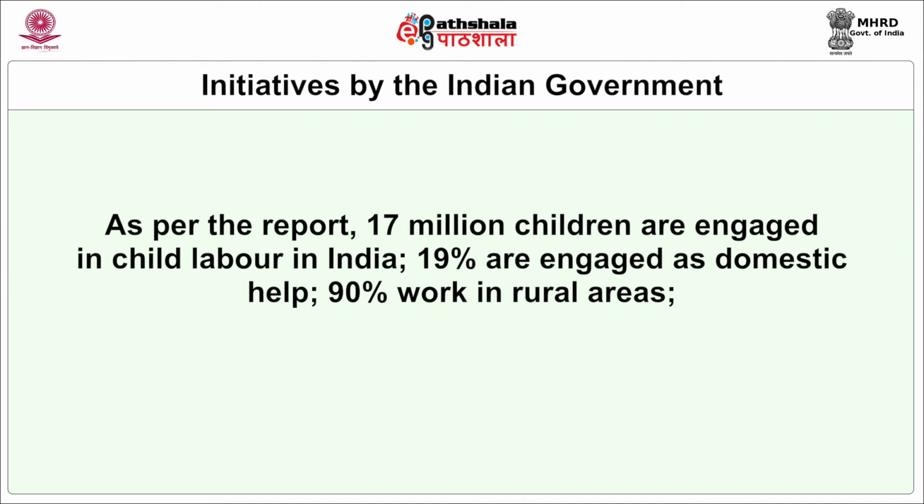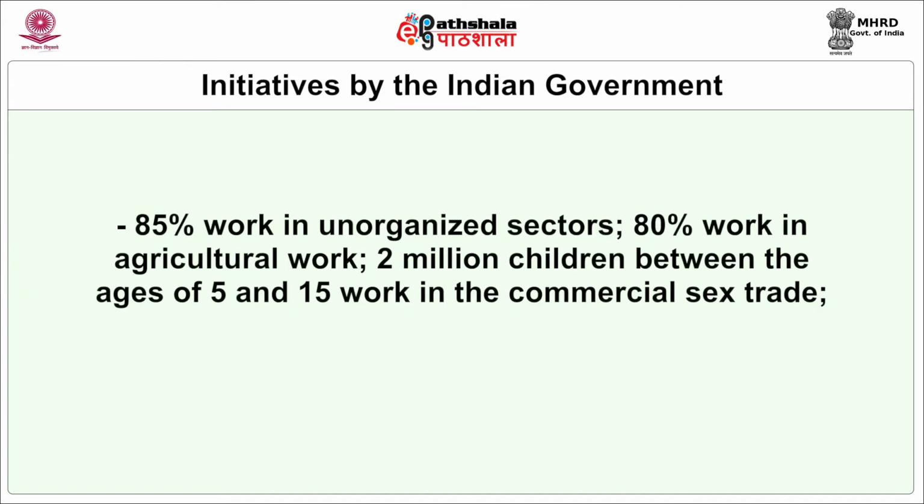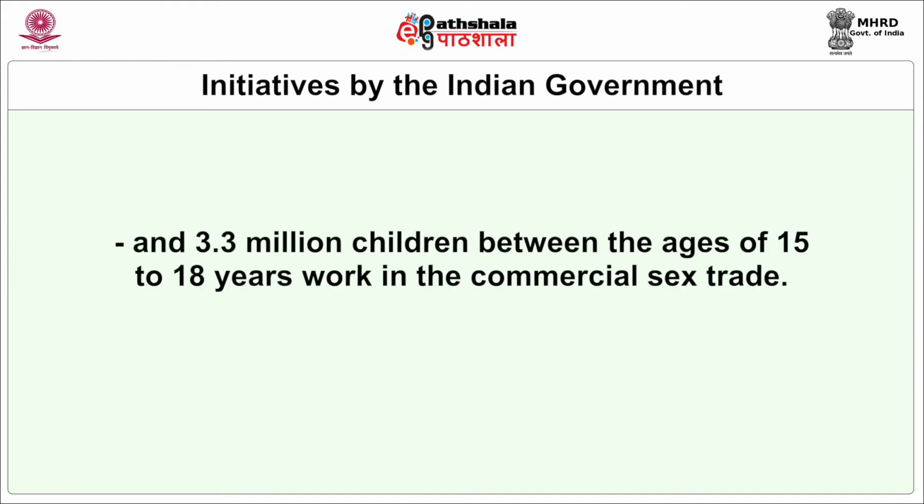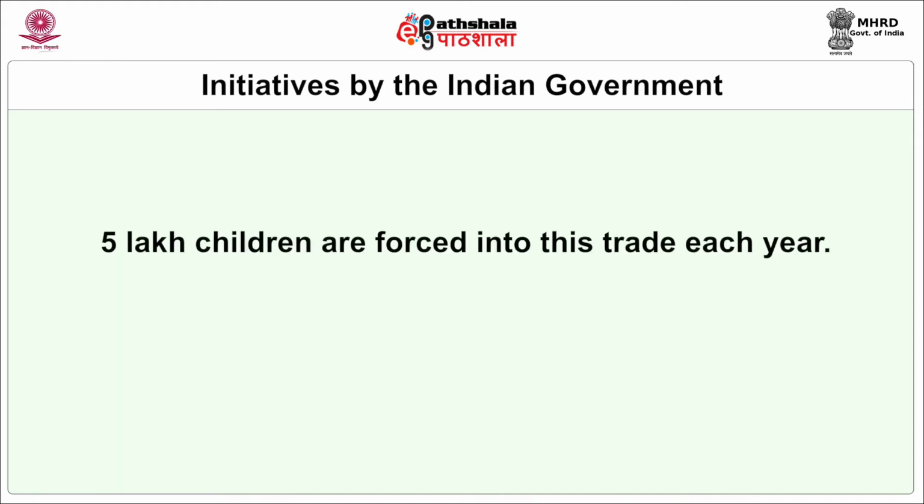As per the report, 17 million children are engaged in child labour in India. 19% are engaged as domestic help, 90% work in rural areas, 85% work in unorganized sectors, 80% work in agricultural work. 2 million children between the ages of 5 and 15 work in the commercial sex trade, and 3.3 million children between the ages of 15 and 18 years work in the commercial sex trade. 5 lakh children are forced into this trade each year.